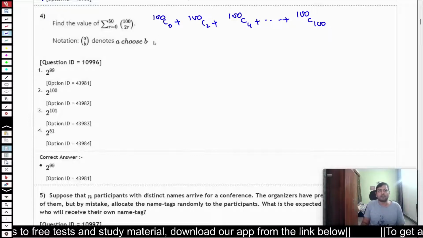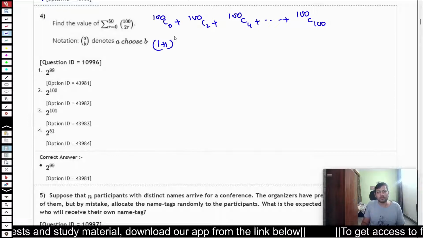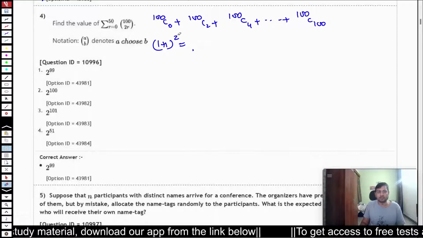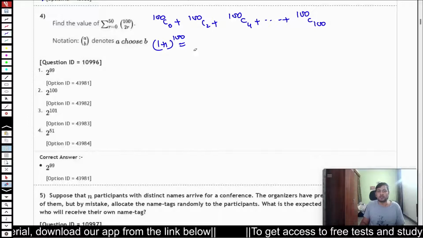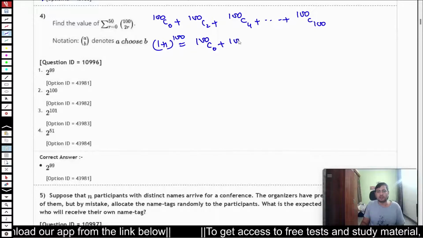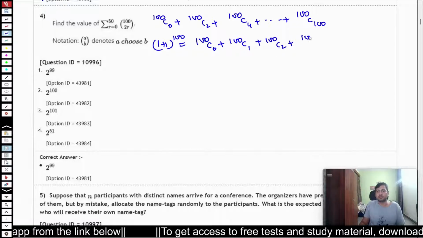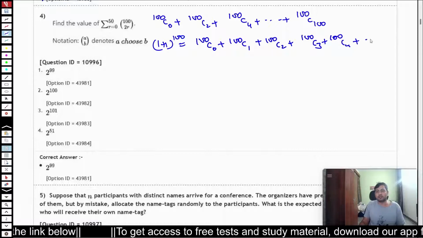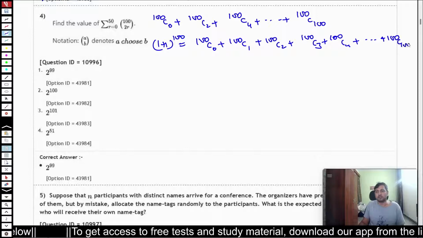For that, first write down the expansion of (1 plus 1) to the power 100. This is going to be equal to 100C0 plus 100C1 plus 100C2 plus 100C3 plus 100C4 and so on till 100C100.